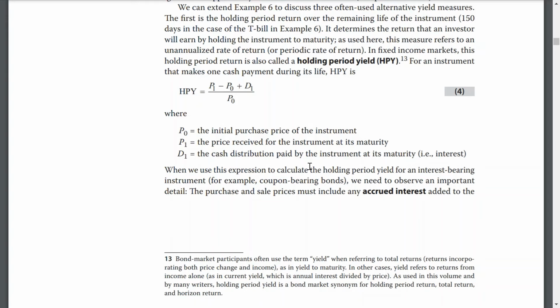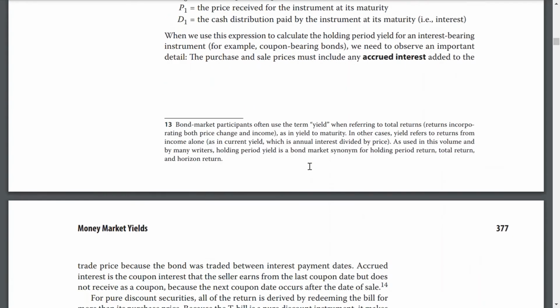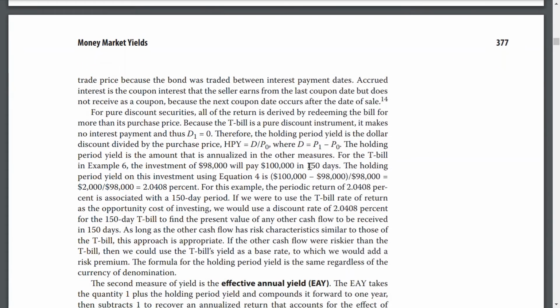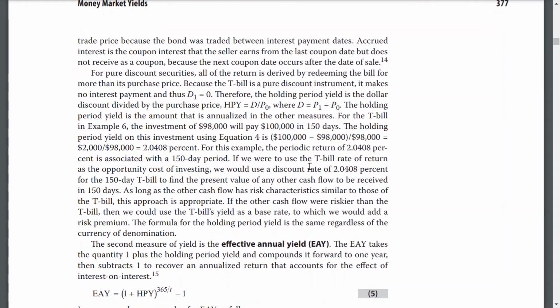The purchase and sale price must include any accrued interest added to the trade price, because the bond was traded between interest payment dates. Accrued interest is the coupon interest that the seller earns from the last coupon date, but does not receive as a coupon because the next coupon date occurs after the date of sale.